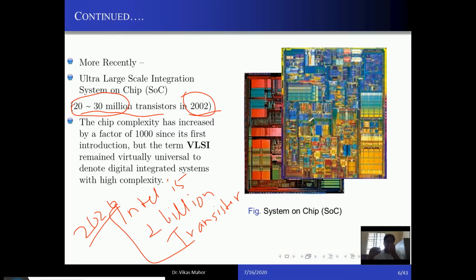And what is the size of that IC? The size of that IC is about 2 by 2 centimeter square. With a size of 2 by 2 centimeter square and 20 to 30 million transistors on a single IC, using the electron microscope, you cannot even look at that particular transistor.